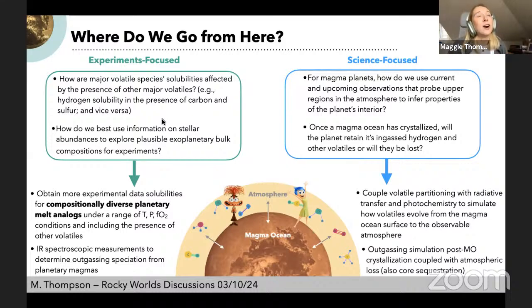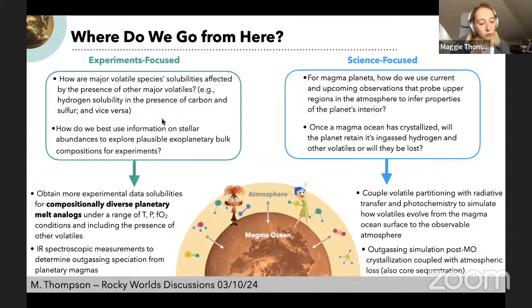I'm blanking now on which paper has looked at this, but I do know there have been some studies that simulate how you would transport this material further down. I think it's important, certainly if we are thinking about whether volatiles end up in the core, because then we need a way to get them from the top all the way down.